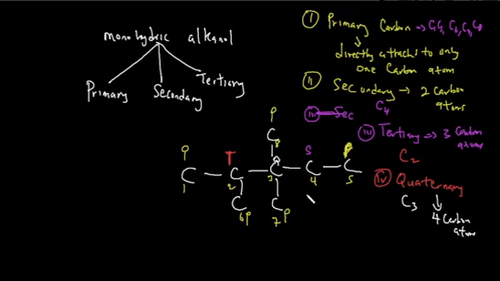I'm done. Good. Now, how do you know a primary alkanol? If OH is attached to a chain of carbon, the OH will make the whole compound an alkanol. So if I put the OH on a primary carbon, this OH will turn the whole compound into a primary alkanol.